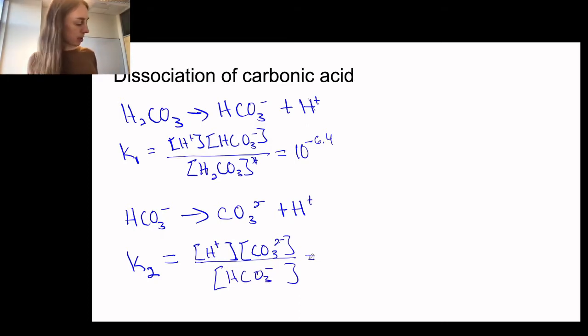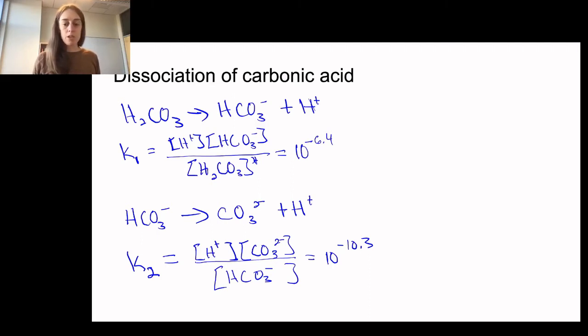And this equilibrium constant is 1 times 10 to the negative 10.3. Okay, so those are how we go from carbonic acid to bicarbonate to carbonate, and we're donating protons as we go.